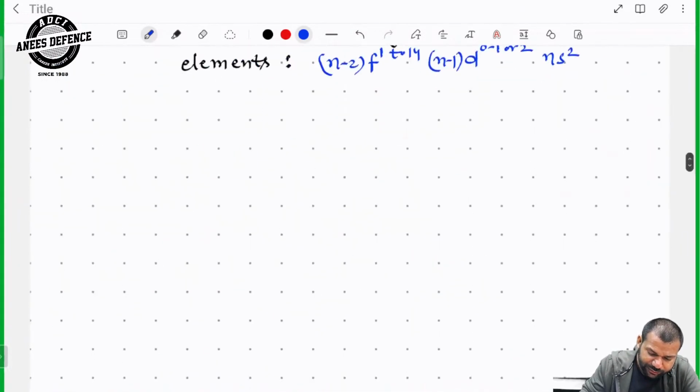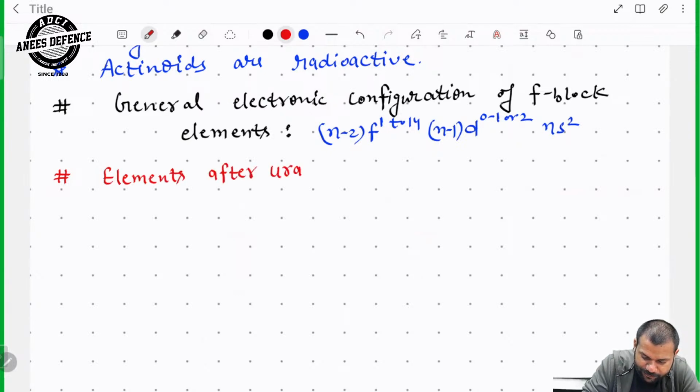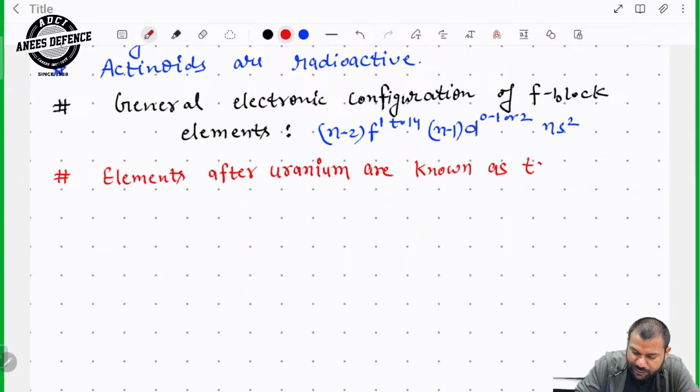One more point in it, that elements after uranium are called or are known as transuranium elements.